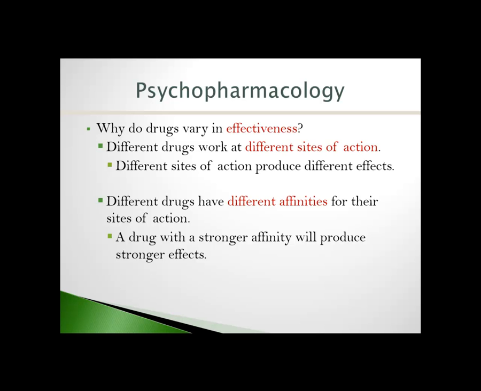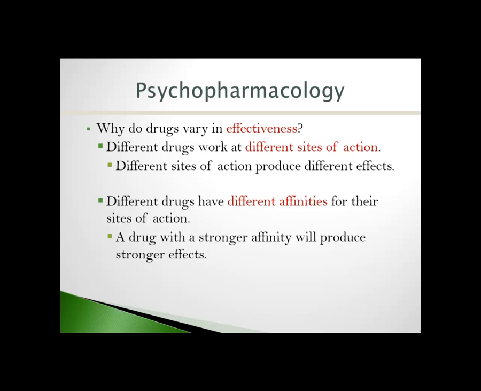So why do drugs vary in effectiveness? So why does morphine decrease pain better than Tylenol? And there are a variety of reasons for this. Some drugs work at different sites of action, and some sites of action produce better effects. So a pain drug that works in the spinal cord is going to produce more pain relief than a pain drug that's working at the level of the brain.